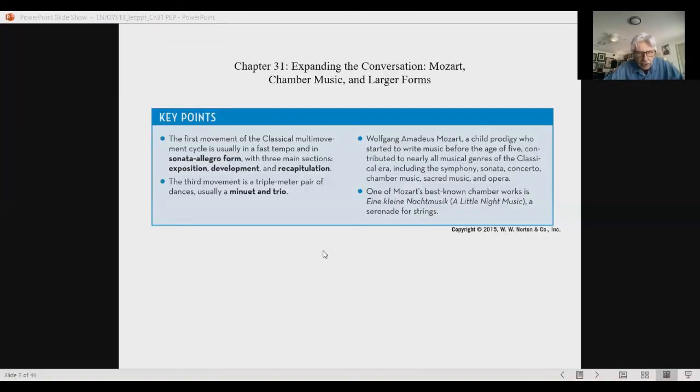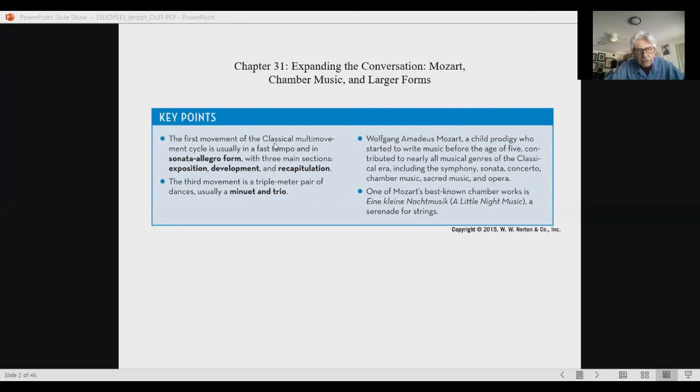It tells us this chapter is really on sonata allegro form, with an example by Mozart, and then an example by Mozart of a minuet and trio. We'll do that when we do the stylized dances genre.